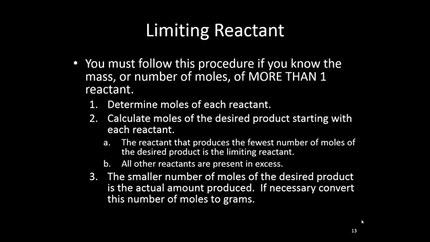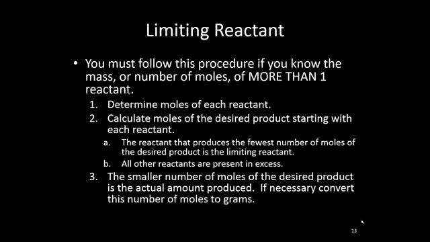That smaller number of moles of the desired product is the actual amount produced, in other words, the theoretical yield of the process. And at that point, if it is necessary, you should convert the number of moles to grams.